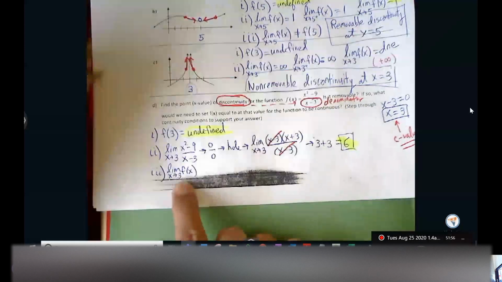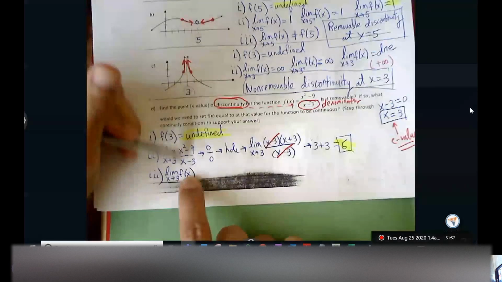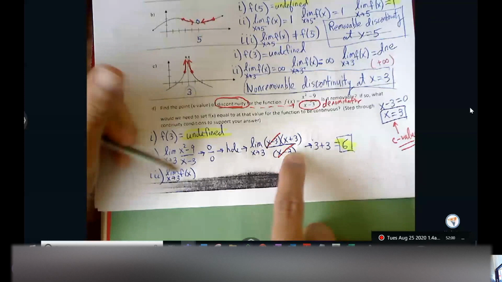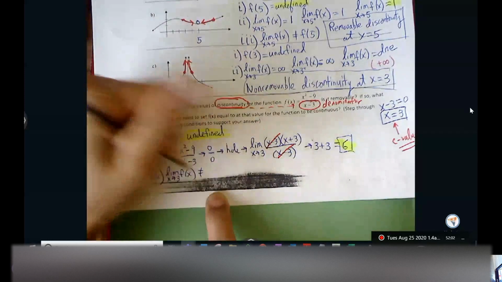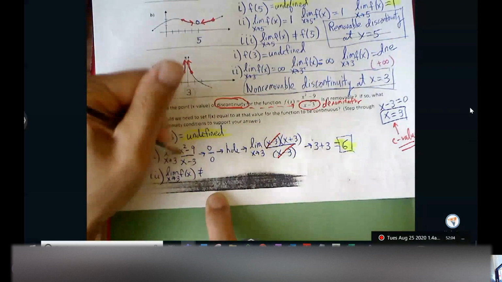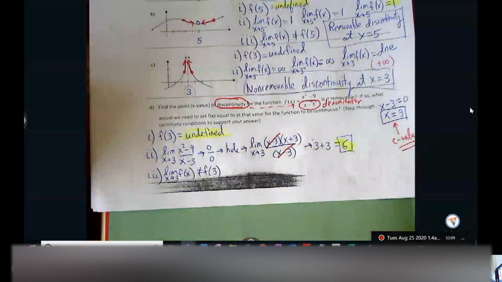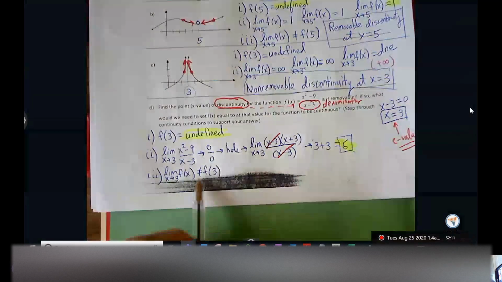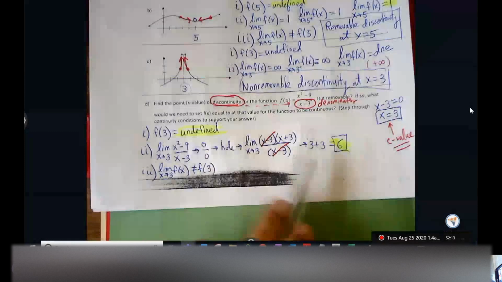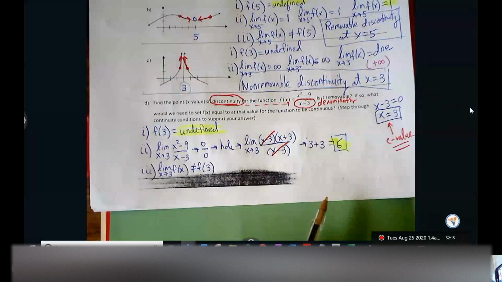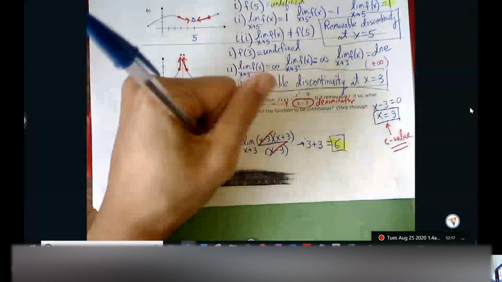So here I went back to f of x because I'm just referring to it. I'm not working through the problem anymore. But these are interchangeable depending on which will serve your purpose better. So obviously these are not in agreement. If these are not in agreement, third condition fails.